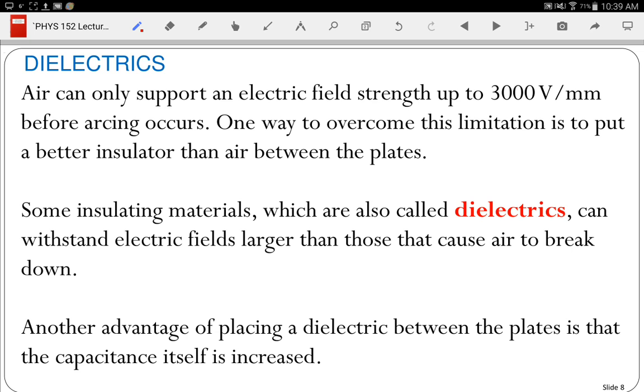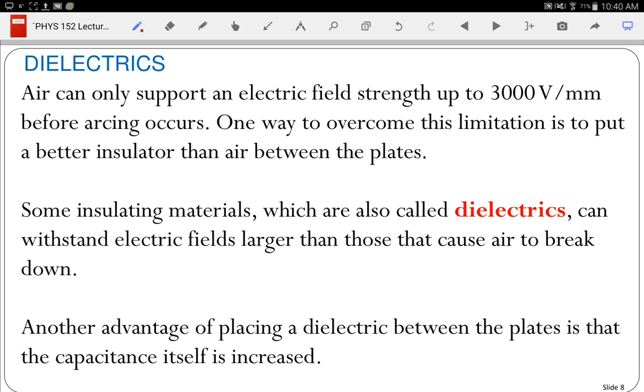Okay, now the idea of dielectrics. As we saw from the lab on the second day of the semester, air can only hold an electric field strength of about 3,000 volts per millimeter. If you have a larger electric field, you're going to have charge travel through the air. You're going to have what we call breakdown.